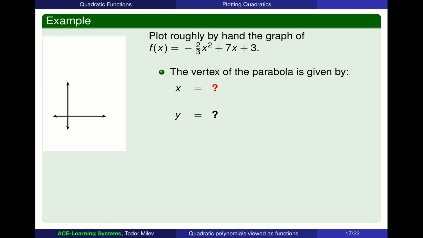The x coordinate of the vertex of a parabola, as studied, is given by negative b over 2a. Here b is 7, and a is negative 2/3.